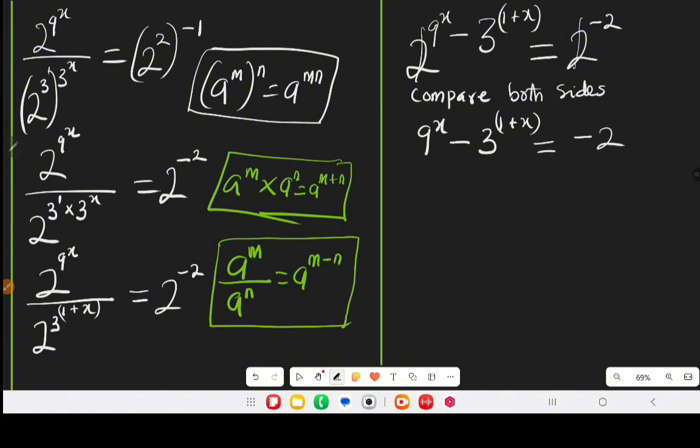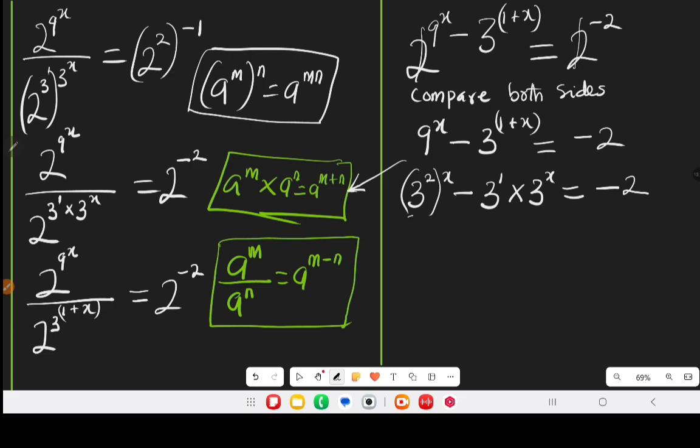Next step, we can express 9 in base 3, which is the same thing as 3 raised to the power of 2, all raised to the power of x, minus 3. In law of indices, if we apply this law of indices, this will change back to 3 raised to the power of 1 times 3 raised to the power of x, equal to minus 2.